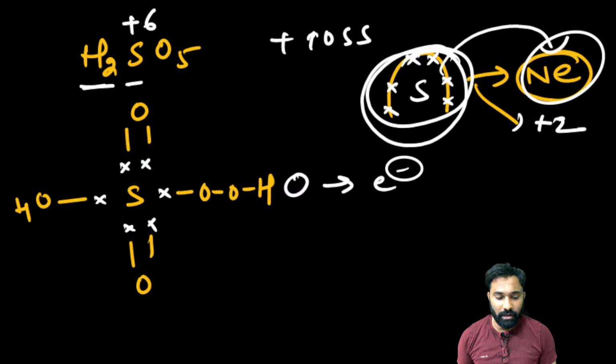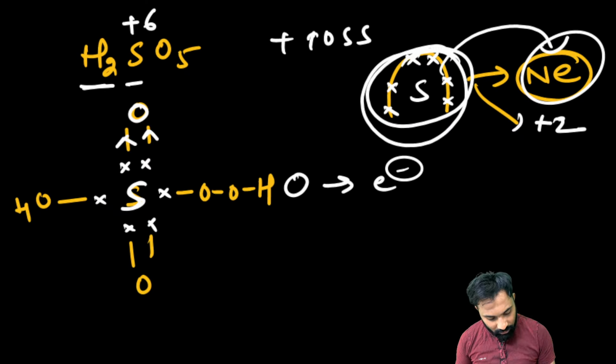Now you see, here the sulfur is less electronegative and oxygen is more electronegative, right? Here the oxygen will pull 2 electrons, so sulfur gets 2 deficiency. Here 1 oxygen is pulling 1 electron, so 3 deficiency. Here another oxygen is pulling 1 electron, so 4 deficiency. And here oxygen is pulling 2 electrons.